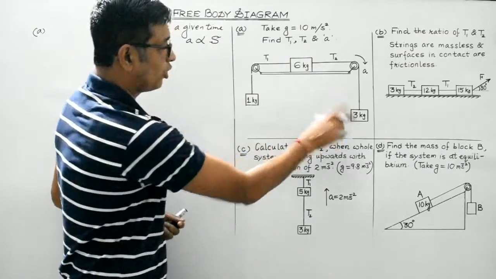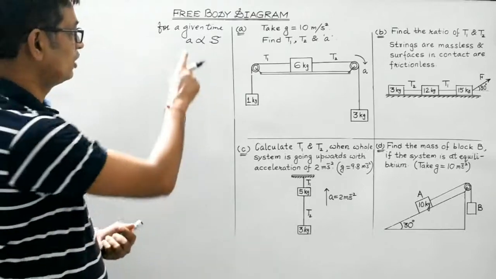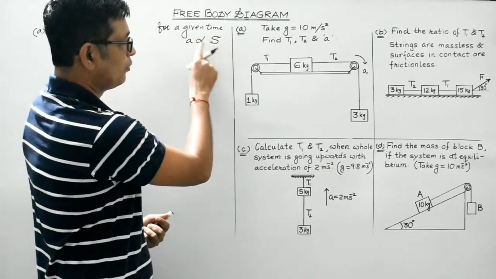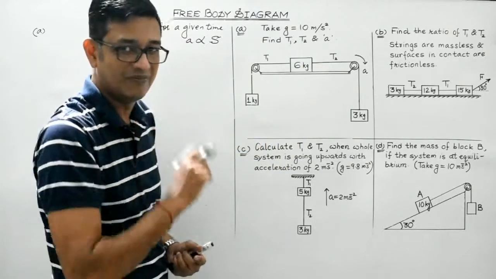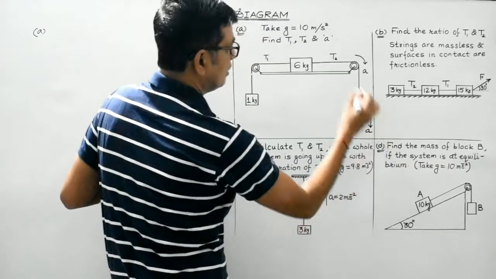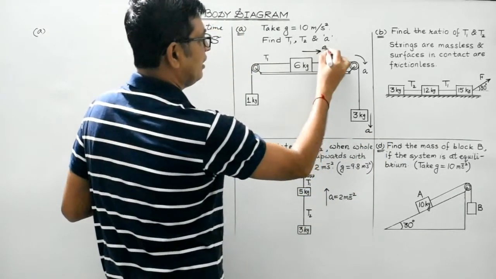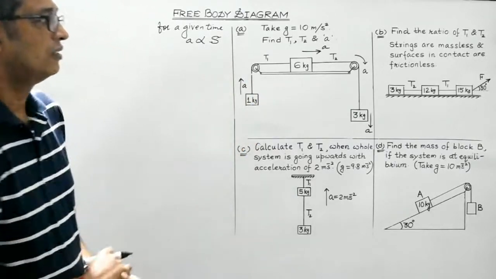So all the three bodies in a given time will cover the same displacement. Therefore, acceleration being proportional to displacement for a given time, for all the three bodies would be same. So if this body is assumed to have acceleration A, then this body will also have acceleration A, and this body will also have acceleration A, and in the upward direction this body.